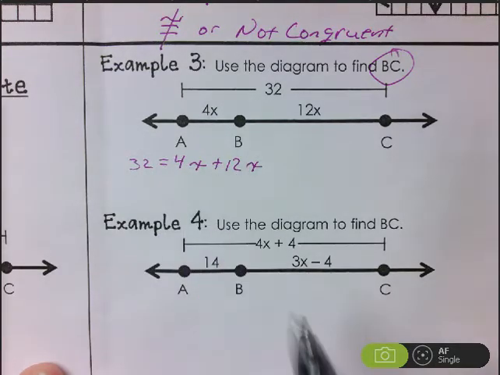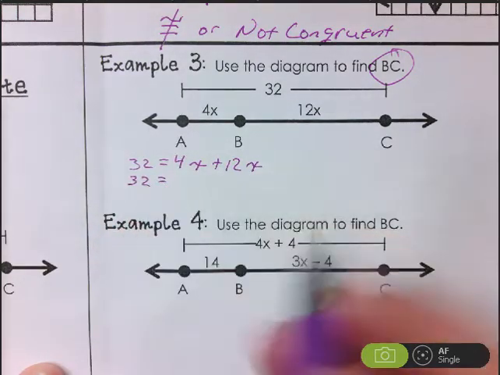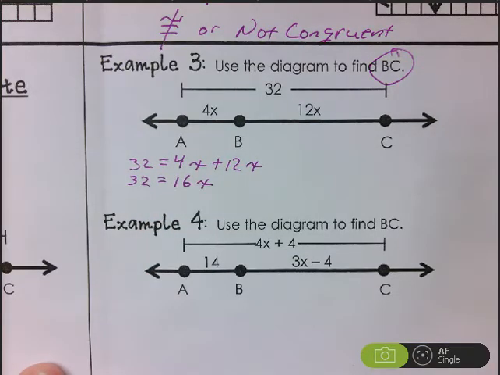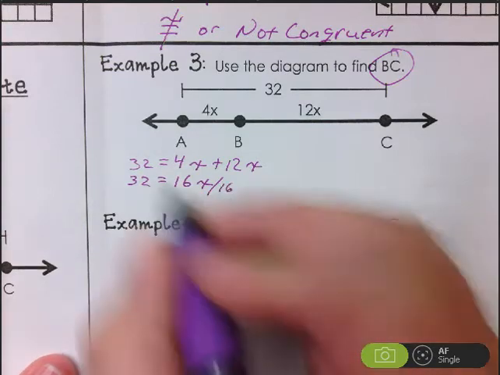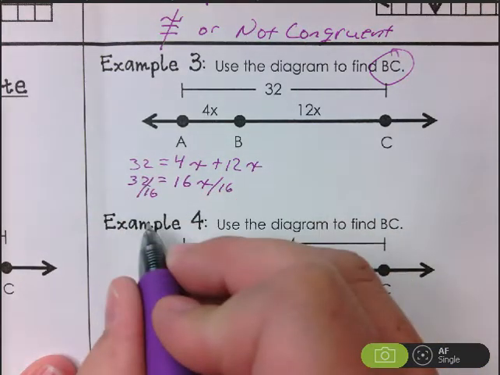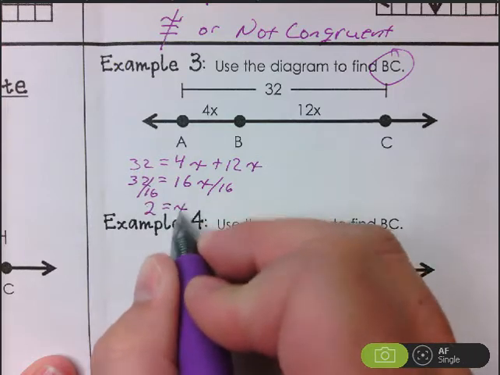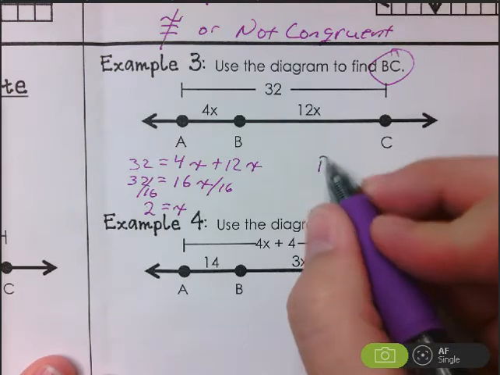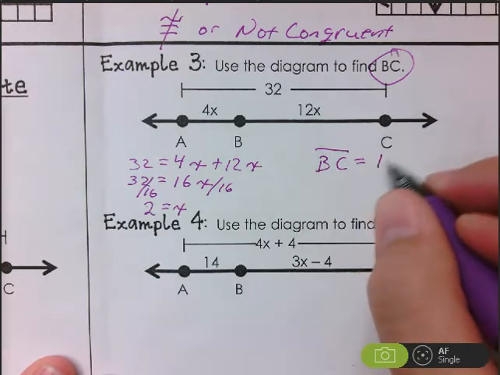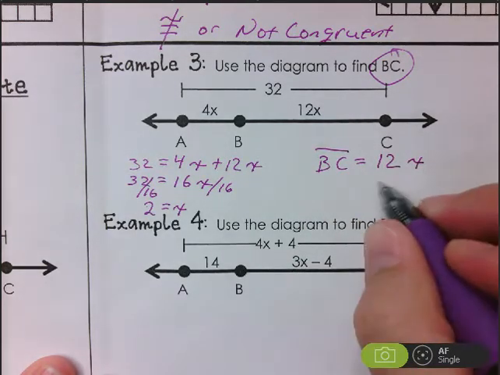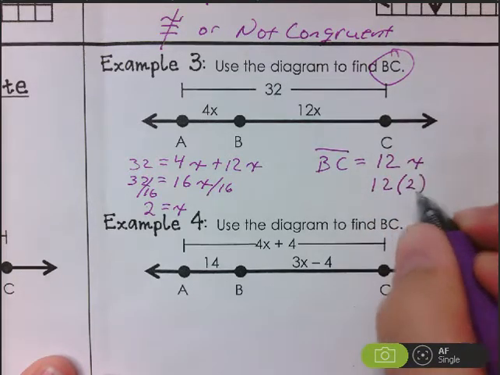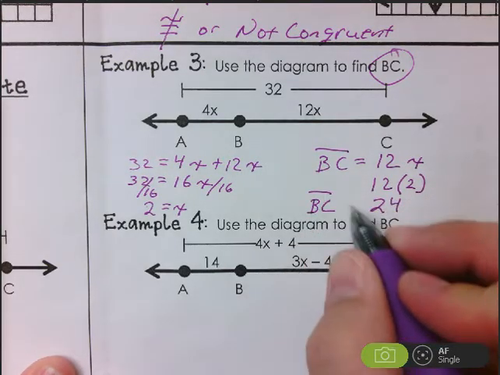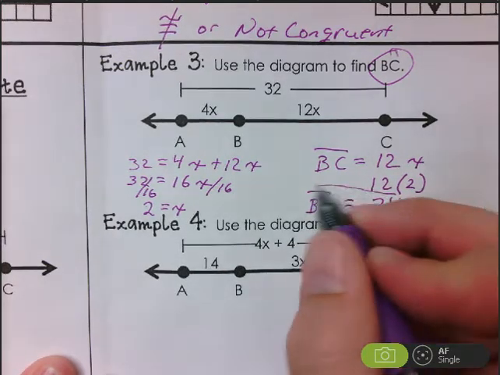Okay, so I'm going to combine my like terms, so I get 32 equals 16x. So now what do I do? From here I'm going to divide both sides by 16, and I end up with 2 equals x. Well, I still need to find BC, so I'm going to plug that back in here. So BC equals 12x. So that's 12 times 2, which is 24. So BC equals 24 units here.